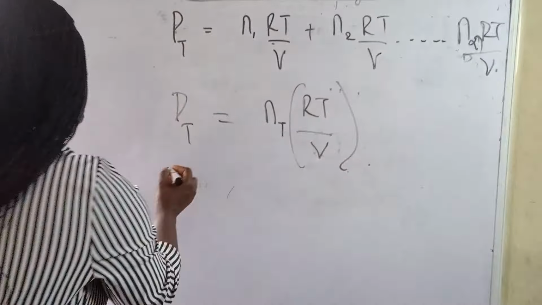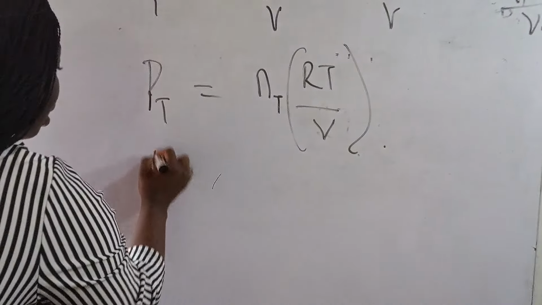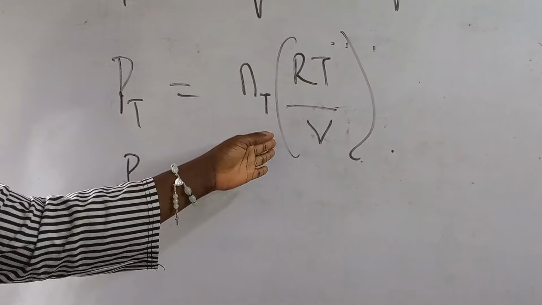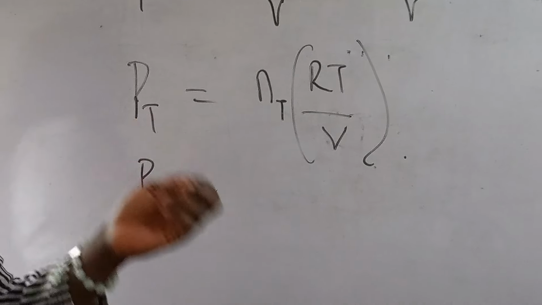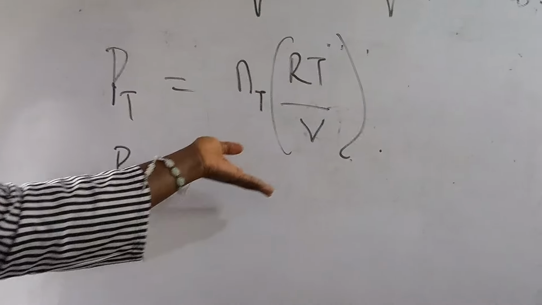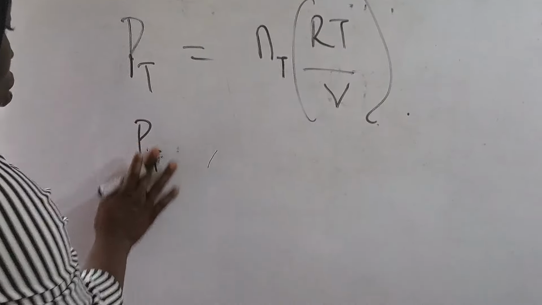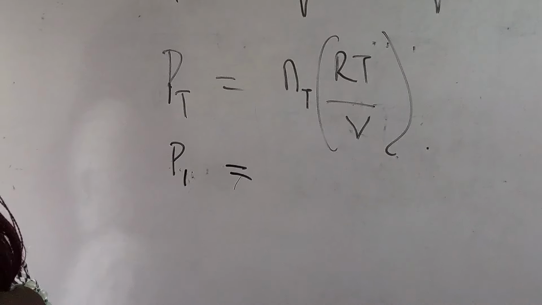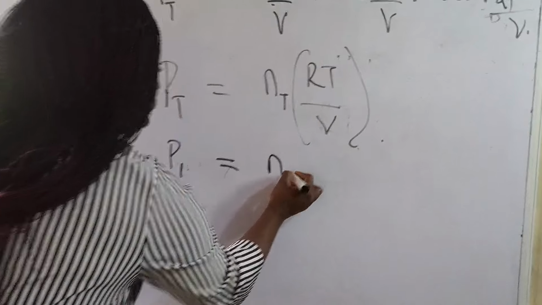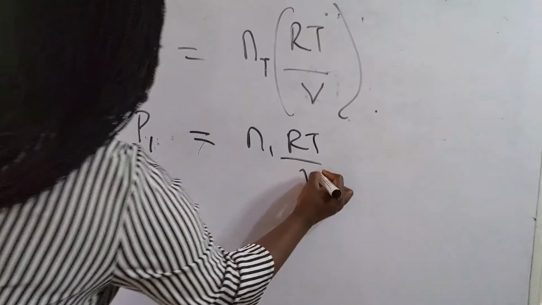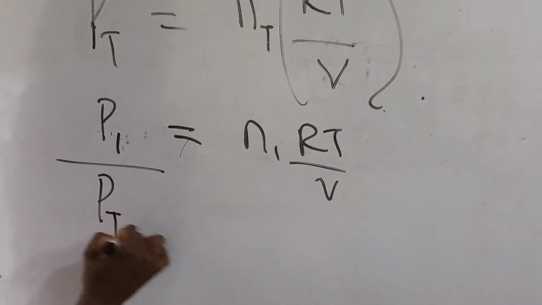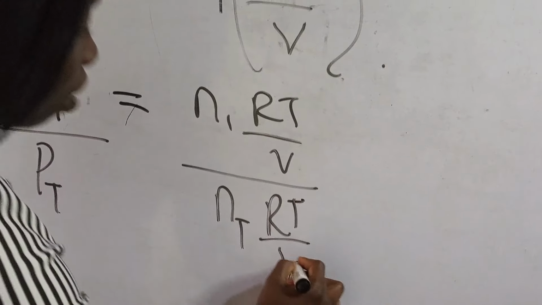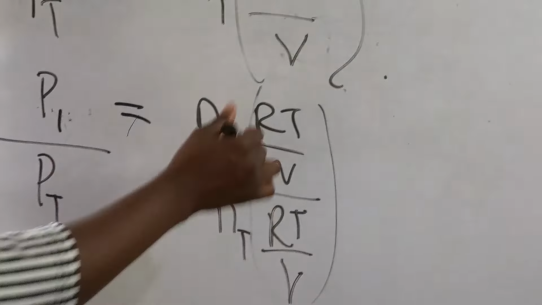So it means that we can get our total pressure from the number of moles, and we can also get the individual partial pressure from our total pressure. How do we do that? We take a ratio of one particular gas, which is N1 RT over V, to PT, which is NT RT over V. These are like terms, so they will cancel.